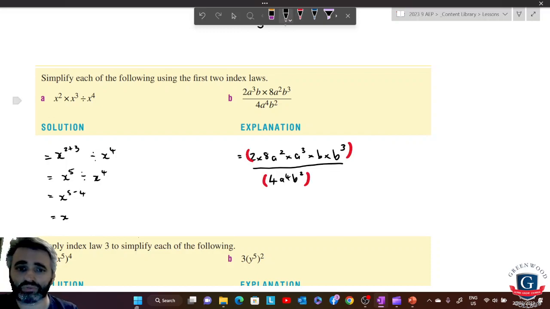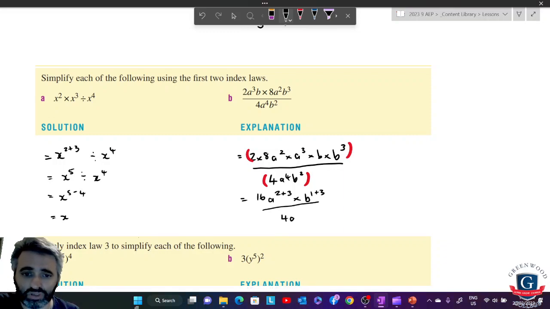So we'll finish off the top and bottom before we simplify. So that will be 16 a to the 2 plus 3 times b to the 1 plus 3 all over 4 a to the 4 b squared.